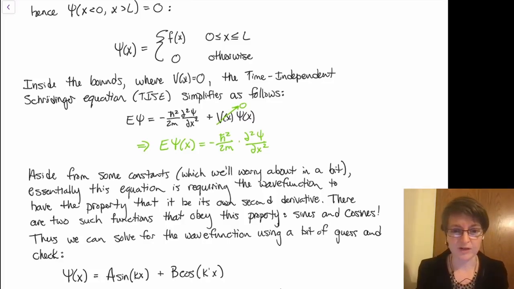My goal now is, one, to make sure that when I plug this into the Schrodinger equation, it obeys this governing equation. But two, I want to see if I can use information given in this problem and in this sample potential to say something more specific about these constants. And as a heads up, yes, there is, and we're going to talk about that.